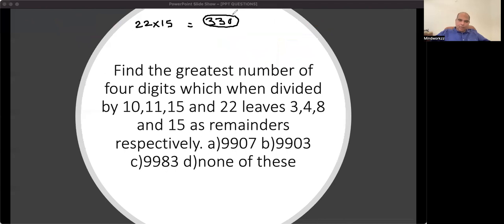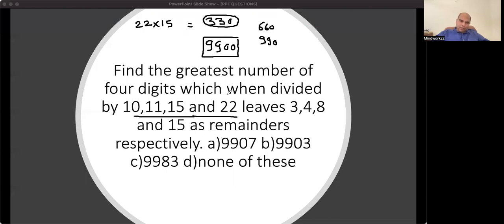And if 330 is the LCM, the largest common multiple in 4 digits, you can visualize as 9,900. Any number, I mean 330, 660, 990, these will all be common multiples of these 4 numbers, 10, 11, 22, and 15.